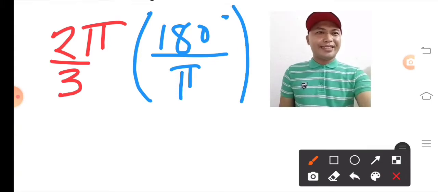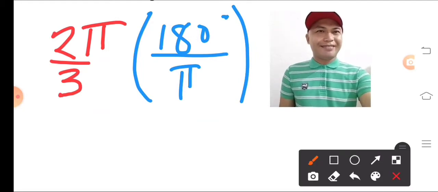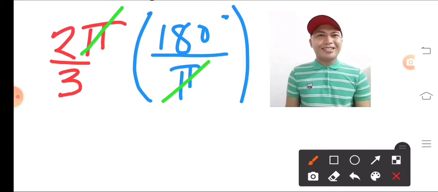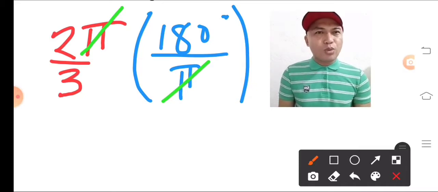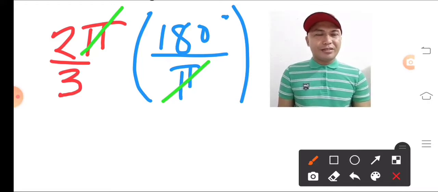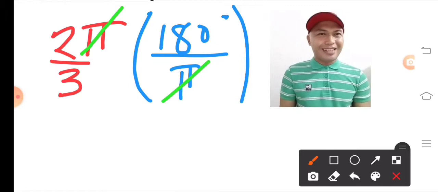So we can simply eliminate pi. We can cancel pi. Then what is left is, we can simplify first 180 degrees over 3. So 180 over 3 is 60.